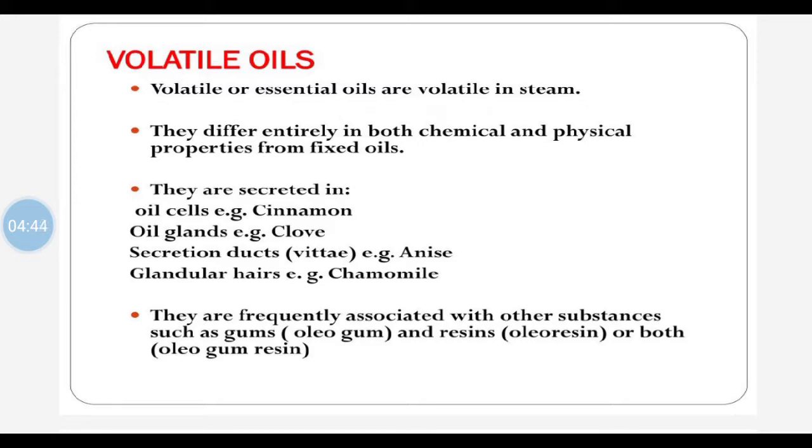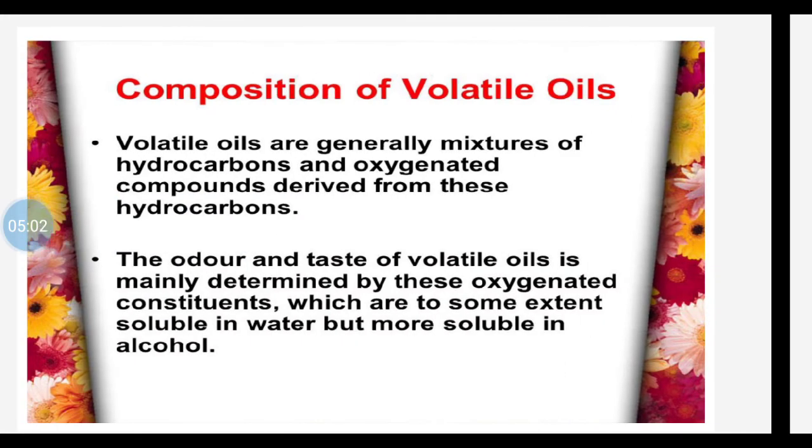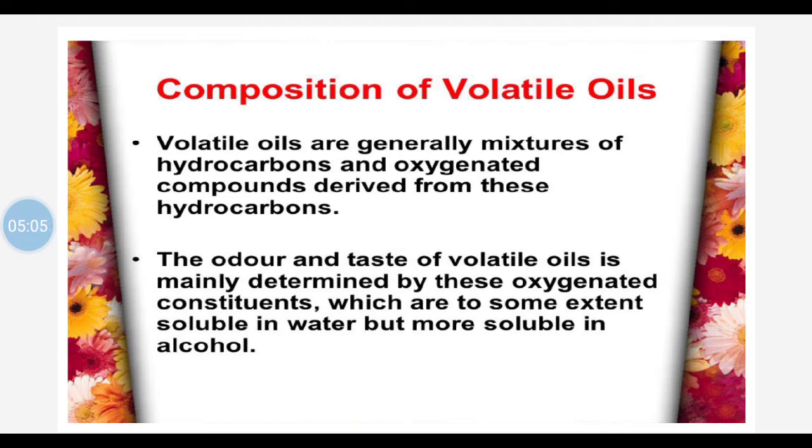Then they are frequently associated with other substances such as gums. So some oleo-gum-resins are there, isn't it? In combination with gum and resin, they can be present in most of the drugs. Now we must also know the composition of volatile oils.